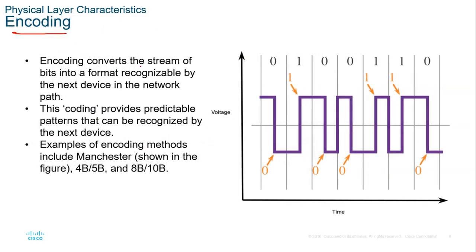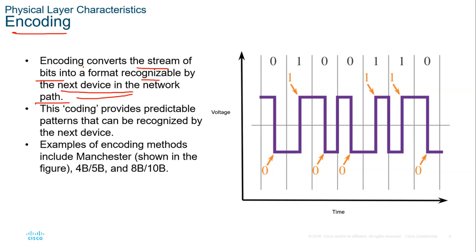Encoding converts the stream of bits into a format recognizable by the next device in the network path. So the physical layer will encode, or convert, the stream of bits into a format that can be recognized by the next device in the network path. Not all the devices on the network, but the device on the next path.